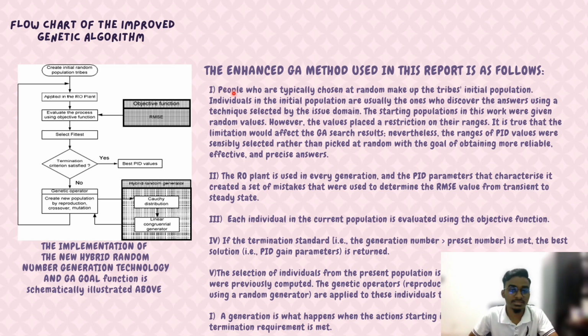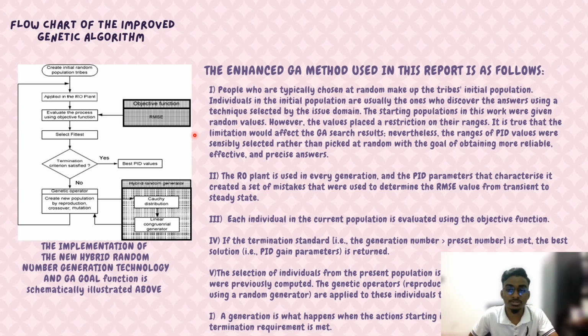And the genetic algorithm method used in this report is as follows. First, people are typically chosen at random to make up the population. Initially, individuals in the initial population are usually the ones who discovered the answer using a technique selected by the issue domain.